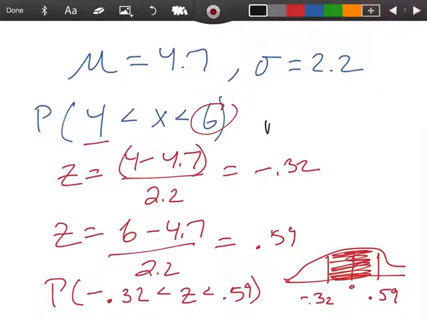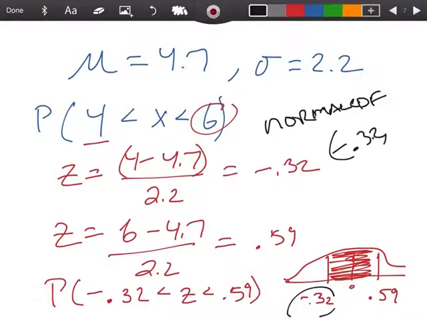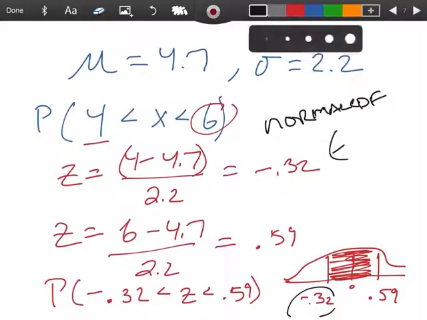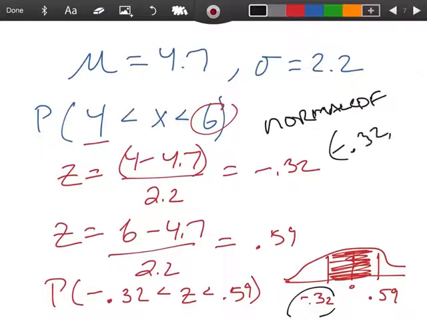If I'm looking for the area in the middle, I'm going to use my normal CDF with my lower bound being negative 0.32, and my upper bound being 0.59.